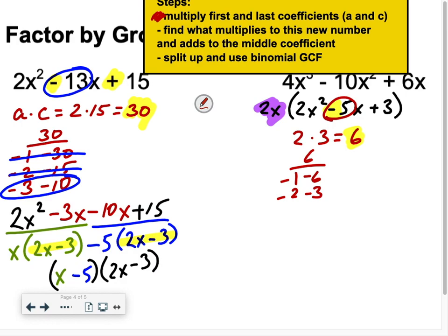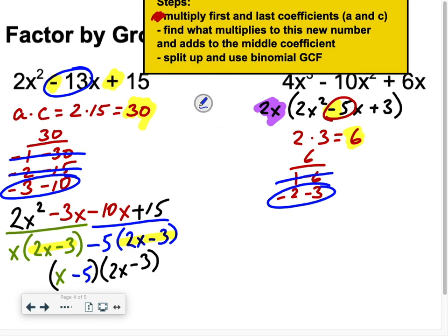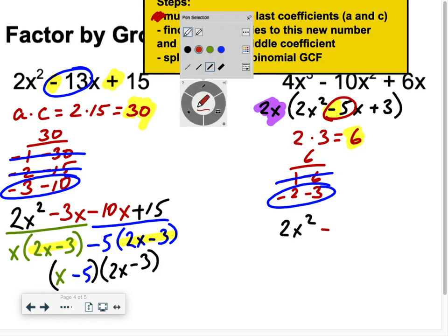Well, these two add up to negative 7, it won't work. These two will add up to negative 5, they will work. And I can then rewrite my expression as 2x squared minus 2x minus 3x plus 3.